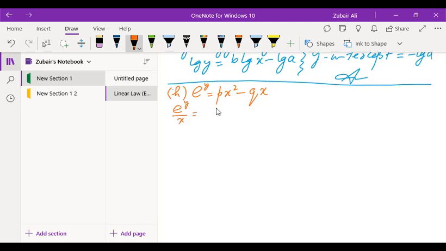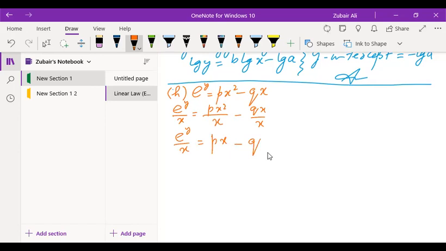So px square upon x minus qx upon x. So this will become e power y upon x is equal to px minus q.